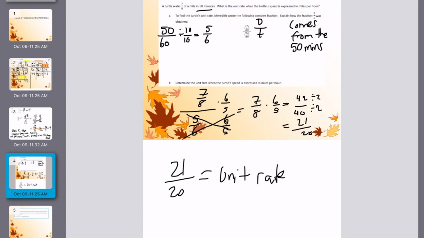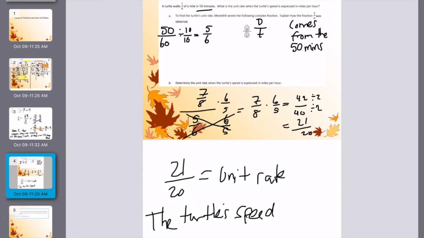If I apply this back into the context, the turtle's speed is 21/20 miles per hour. So again, the main difference in these problems was that we were just using fractions now. We wanted to become more comfortable with them.